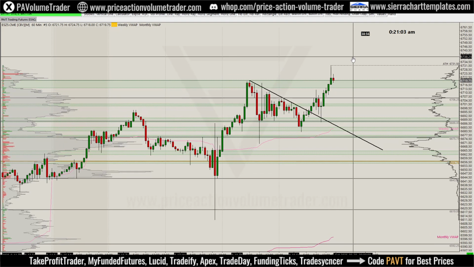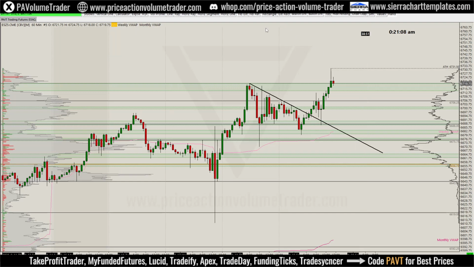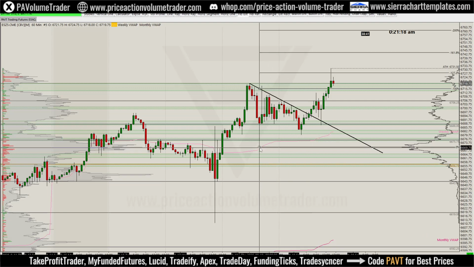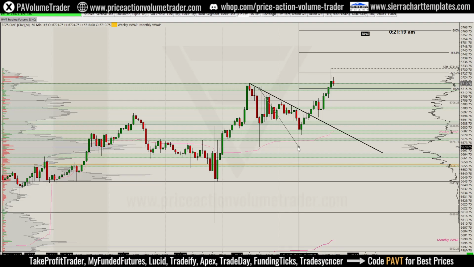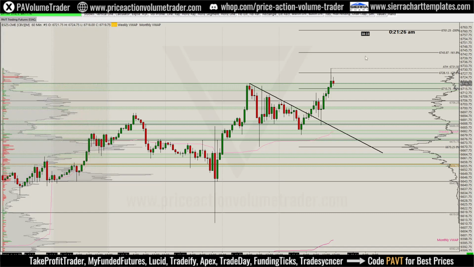So now that we've established a trend line breakout, we can bring out the Fibonacci extensions, and I'm going to make a measure move from the trend line to the lowest point right below it. Should be right there. Let me add prices to this.